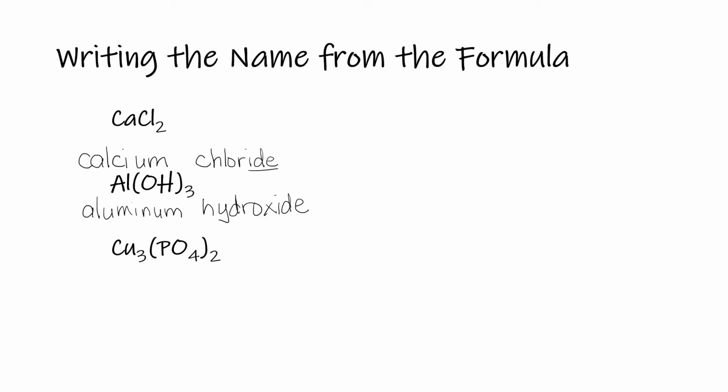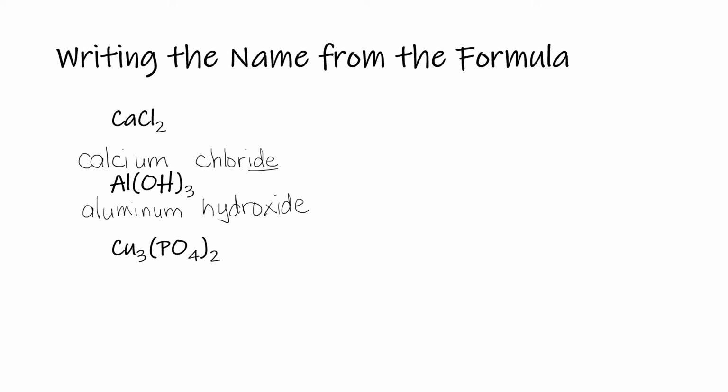Okay, this one has copper in it, and copper is one of the transition metals that can have varying charges. So we're going to have to first determine what charge this copper has so that we can include that as a Roman numeral in the name. We do that because we know that overall our compound here has to have a neutral charge. So whatever our negative charge is has to be equal to our positive charge.